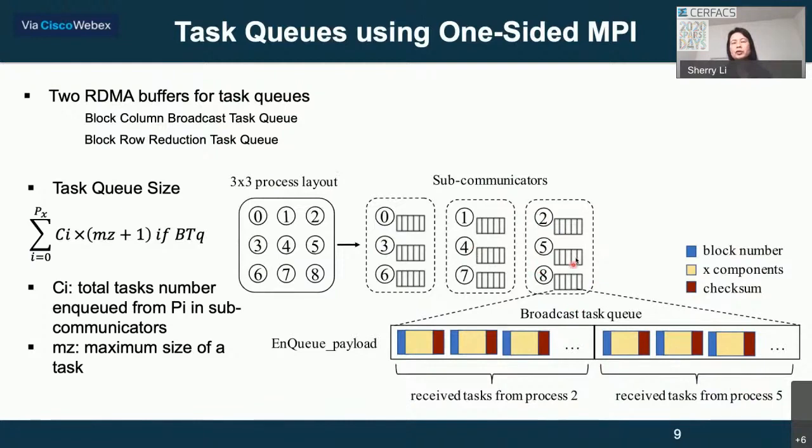It's restricted within these process columns. So that's how the operation works in setting up this task queue in one-sided communication. Essentially, if process 2 finished a task, and it's needed by 8, it will put the task into process 8's queue, and this task has the block column number and either the X components or the checksum.